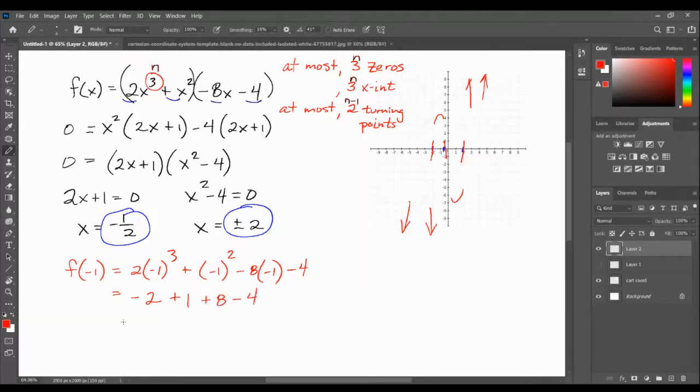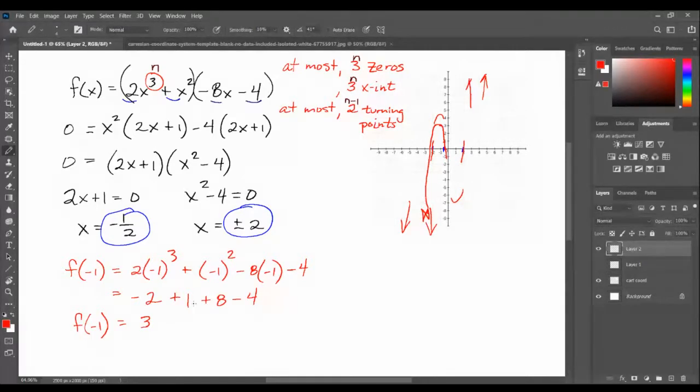And subtract 4. So that looks like 9 minus 6, which is 3. So at -1, it's up here at 3. So it looks like my graph comes up through there somewhere and heads down.